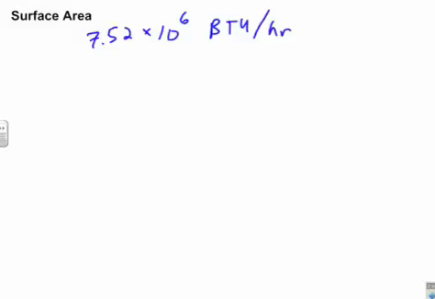And we know the material that we've chosen and the normal difference in temperature that we're going to have through this heat exchanger, that we're only going to be able to transfer 41.2 BTUs per hour of heat per every square inch of heat transfer surface we have.